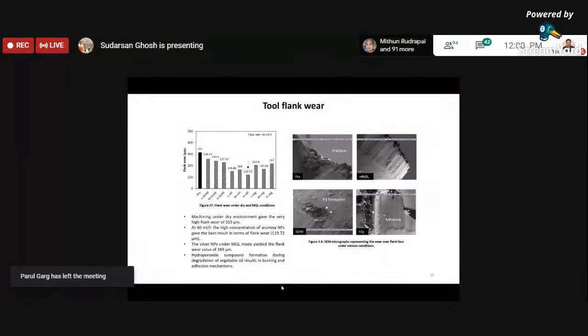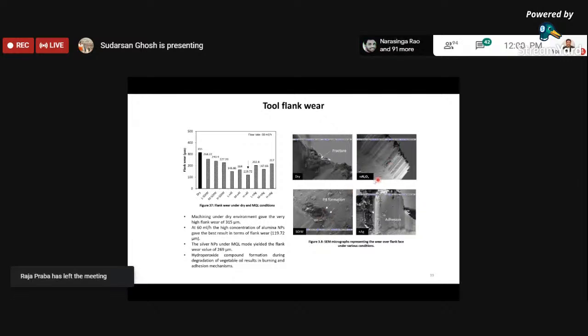Now, not only the cutting force, the wear on the tool can also be minimized, and that is what is being shown by these SEM images. So as you can see, in dry condition, fracturing of the tool edge has happened. In case of the sunflower oil, you don't have fracturing, but you still have some pit formation happening on the flank surface of the tool.